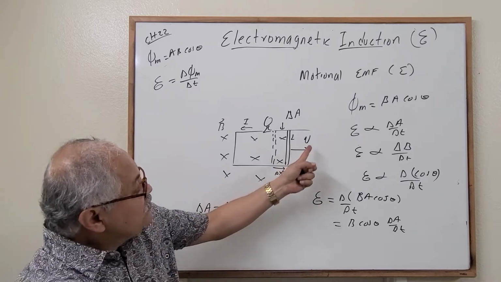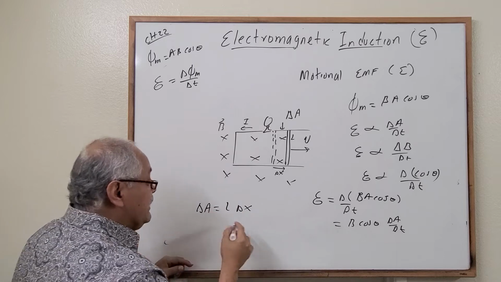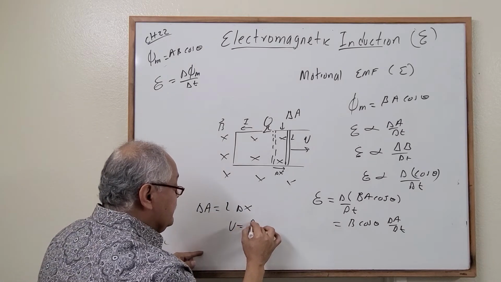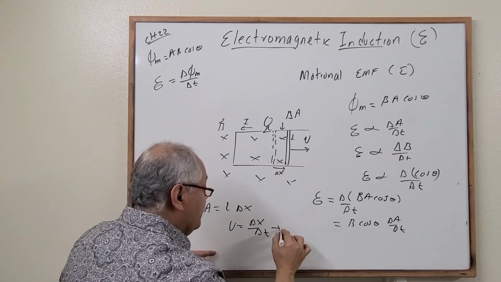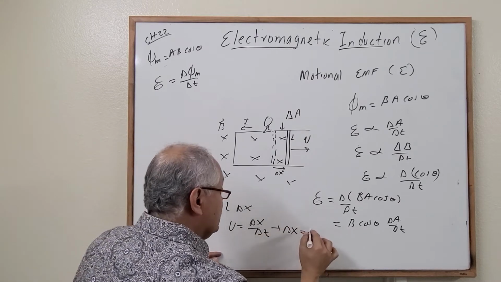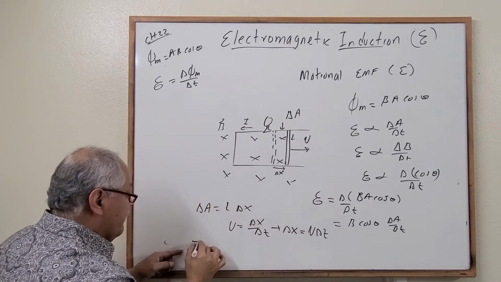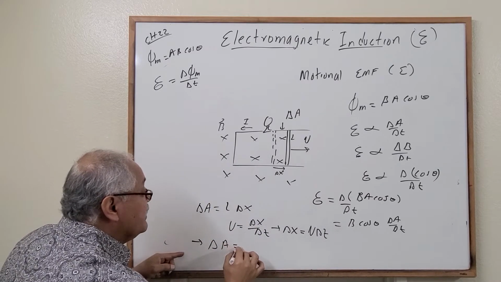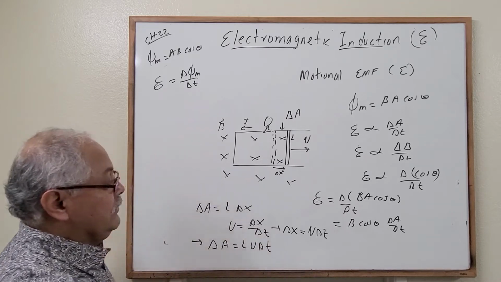But let's try to involve the speed. How do we define speed? Speed is equal to delta x divided by delta t. From here, let's solve for delta x. Delta x is equal to v delta t. Let's substitute this value, and we have that the change in area is equal to L v delta t.